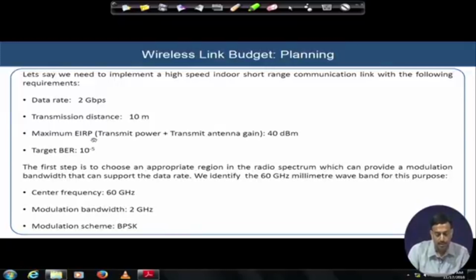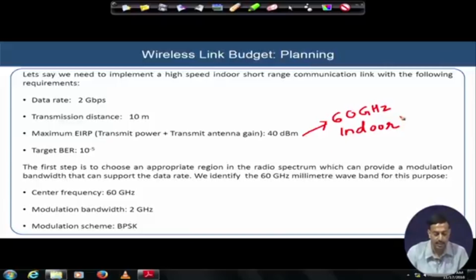So basically, FCC in the US, for example, for a 60 gigahertz transmission system, that is in the millimeter wave band, and that too indoor, this particular value is specifically for that. So this is the maximum which is mandated by the FCC. Now why we have taken this 60 gigahertz, that I will come to shortly.